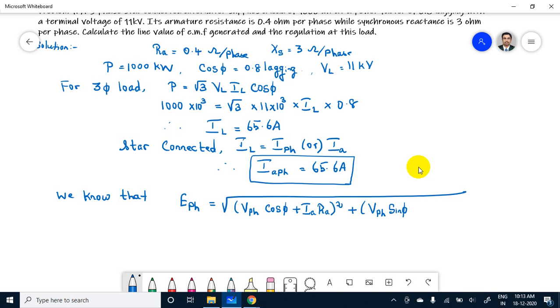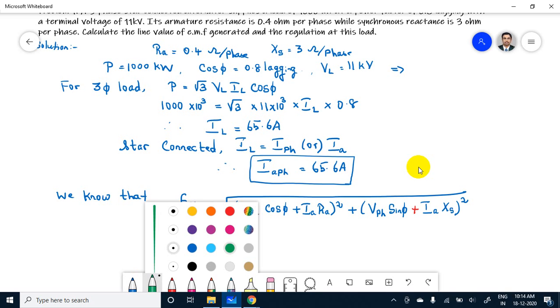Lagging means what is the symbol I have to put? V phase sin phi, I have to put plus IA XS) whole square. Okay. This V phase, from this equation, this is star connected, so we can calculate the V phase.